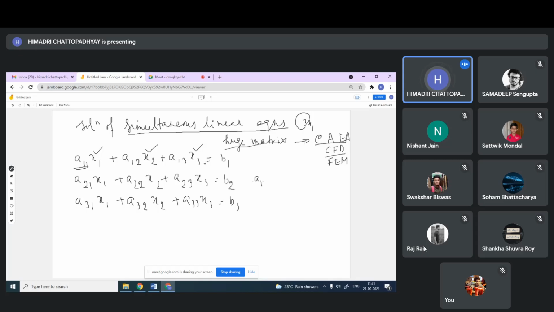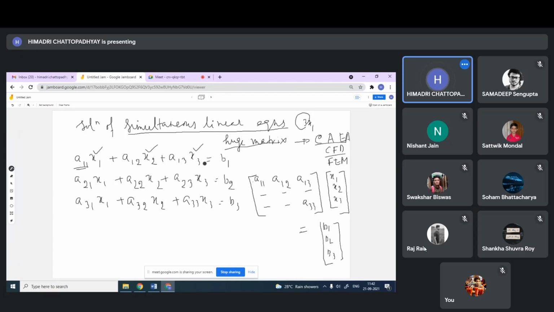Anyway, we start with small. So this set of equations, you know that you can form like this. You know matrix multiplication: row into column. So your unknown is x1, x2, x3, and this is b1, b2, b3. So all these three rows of elements you have to write, the last being 3, 3.